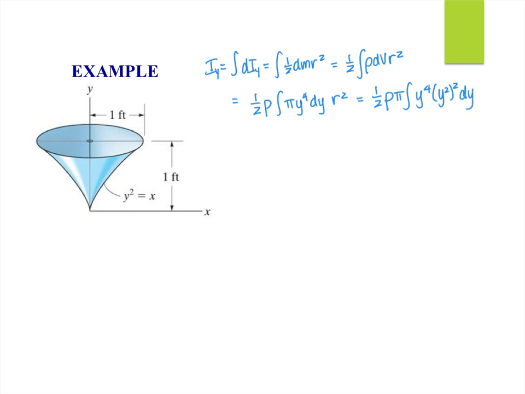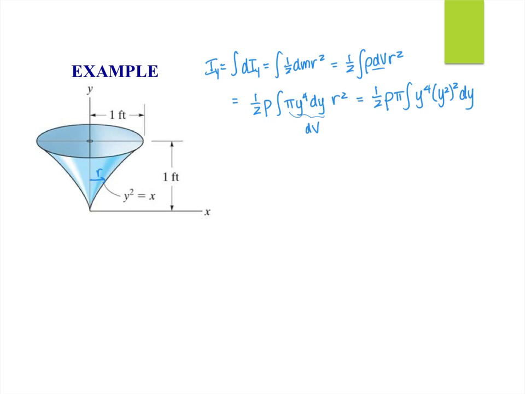I'm going to continue on the next page so I have a little more room. I rewrote some of what I had on the previous slide as a reminder. I input the value I found for dV. I left the r squared as it was, to rethink that again. Remember that this radius is actually the x coordinate, so if I square it, it would be x squared.